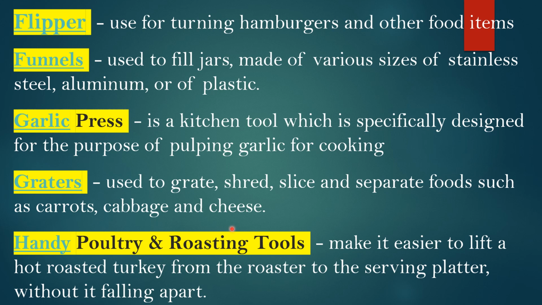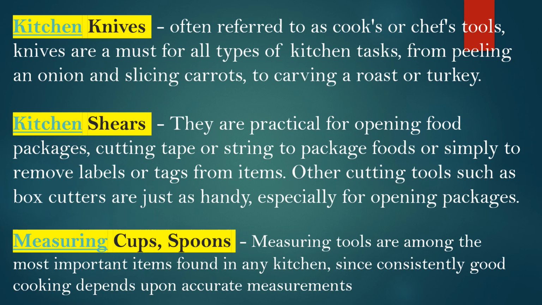Okay, next naman. Okay, so we have kitchen knives. Okay, it is often referred to as a cook's or chef's tools. Knives are must for all types of kitchen tasks, from peeling onion and slicing carrots to carving a roast or turkey.